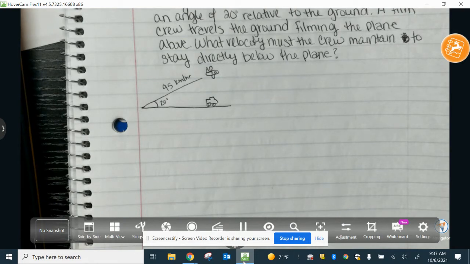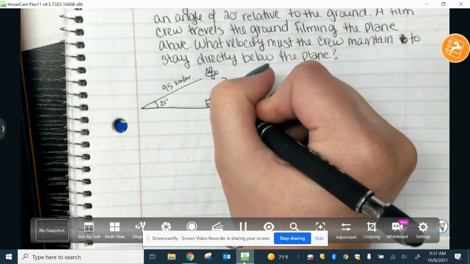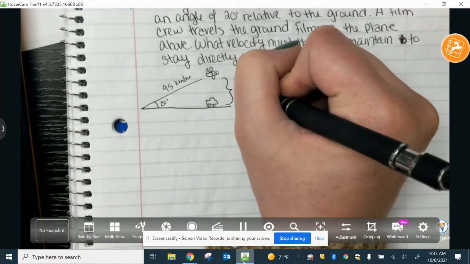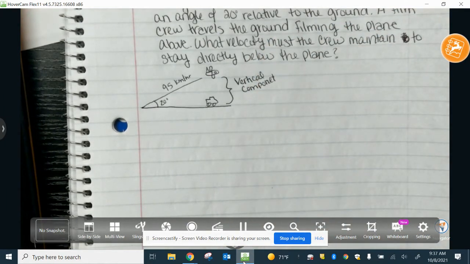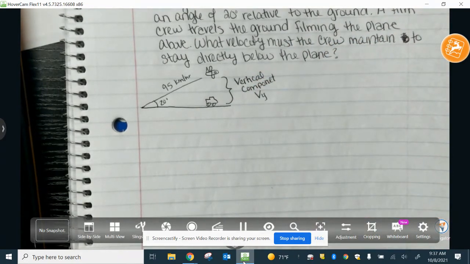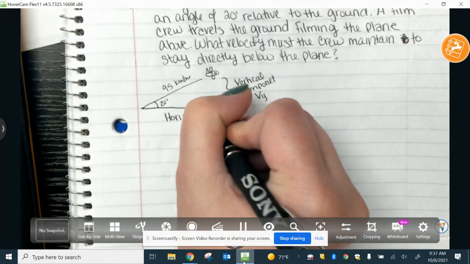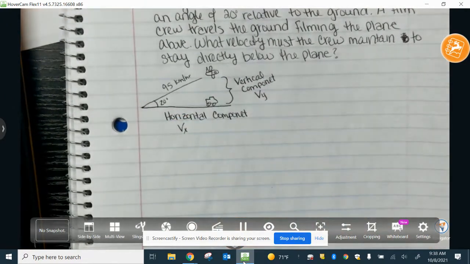So we can break this problem down into vertical and horizontal components. This would be the vertical component. And we're dealing with velocity, 95 kilometers per hour is going to be the velocity. So this would be my velocity in the y direction. And then I have my horizontal component on the ground.